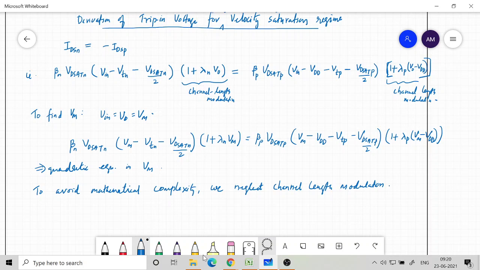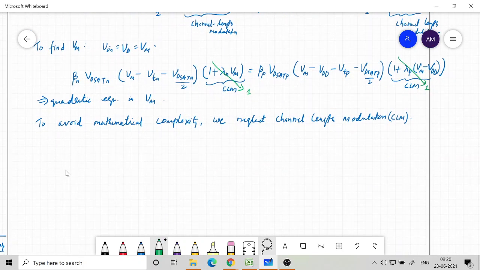So what we will do is that we will drop these two terms. So this is our CLM modulation term, and similarly here also there is a CLM. So we will neglect those terms for the time being. So we will drop it. So we will take it as 1. So then it becomes easier to solve. So it's an approximation. Okay.